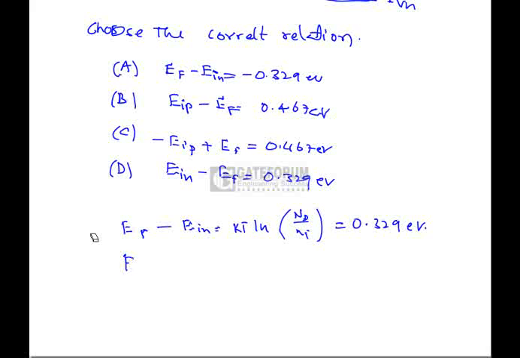Whereas on the P side, EiP minus EF is a positive number, kT natural logarithm of Na by Ni, which equals 0.467 electron volt. Hence option B is correct.